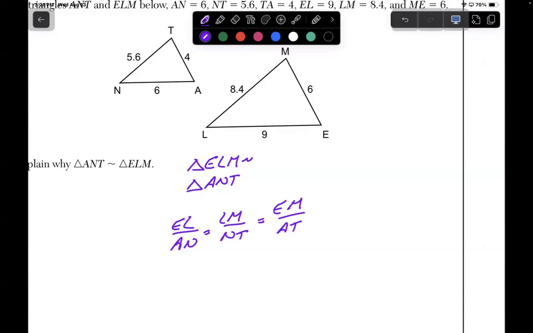And if you didn't know what to explain, but you just at least wrote this down, I'm going to show you. EL is 9, AN is 6, LM is 8.4, 5.6 is NT, and then ME or EM is 6, and AT is 4.